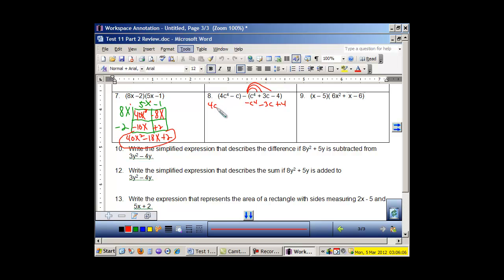I have 4c to the 4th minus c. So I have 4c to the 4th minus c to the 4th is 3c to the 4th. Negative c plus a negative 3c, that's a 1 in there, so I got 3 plus 1 is 4, and it's negative 4c. And then I got plus 4.